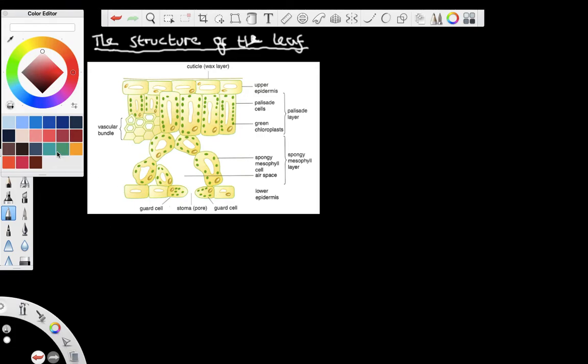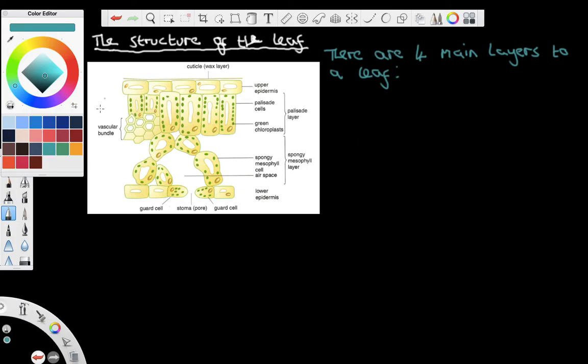So we can say that there are 4 main layers to a leaf, colon. Now, just for your orientation before I move on, this is the top of a leaf.